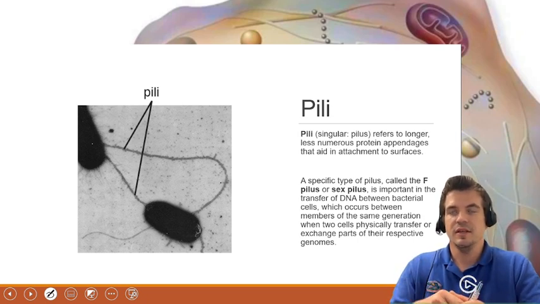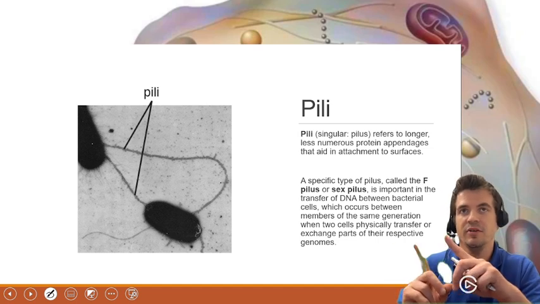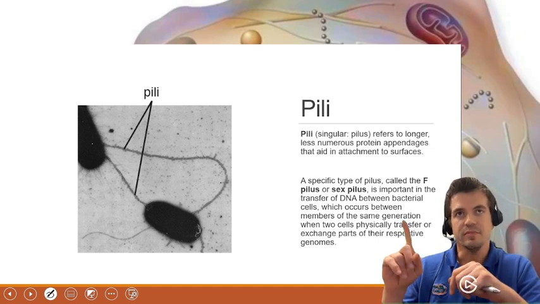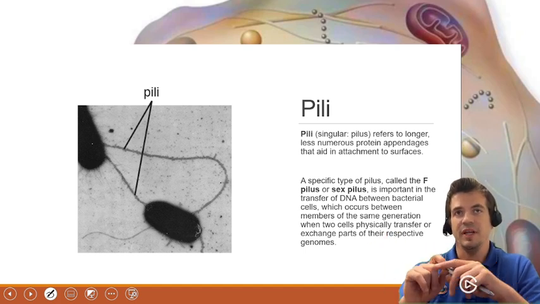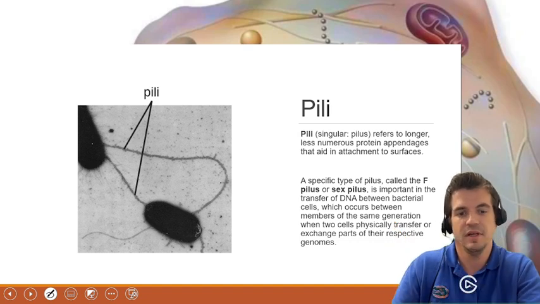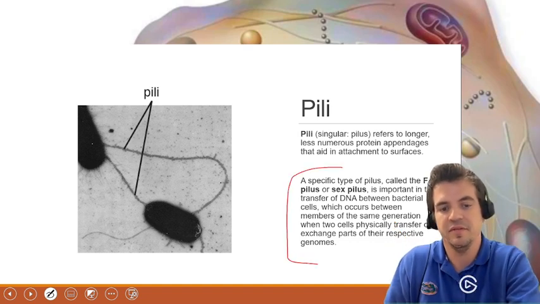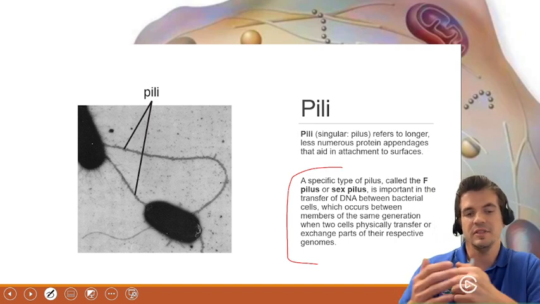Pilus is technically a type of fimbriae, but it can be longer, and it is typically longer, and they're not as numerous. And so you can have a pilus that forms the basis of kind of sexual transfer of genes. It's not that.